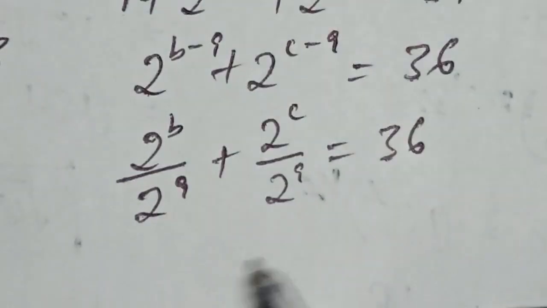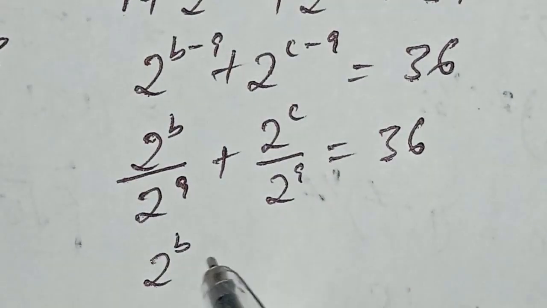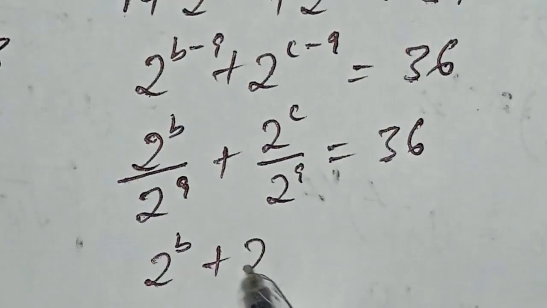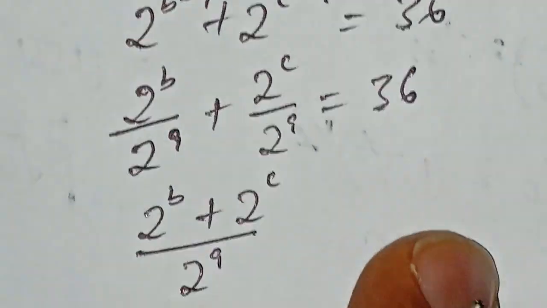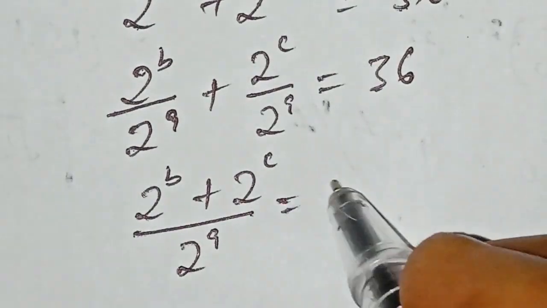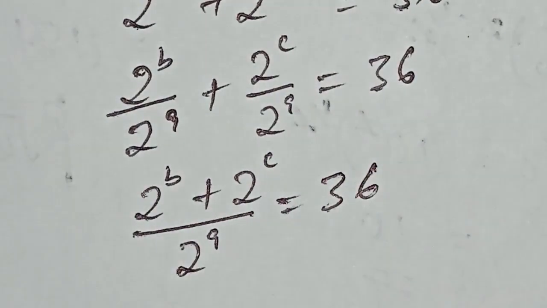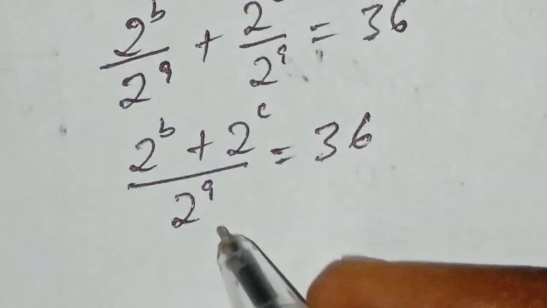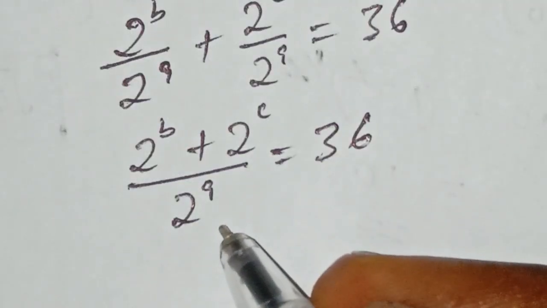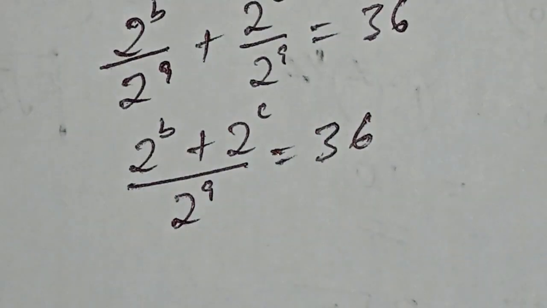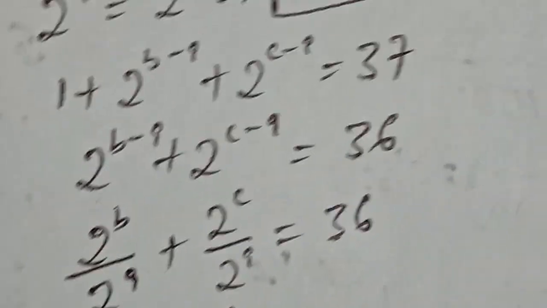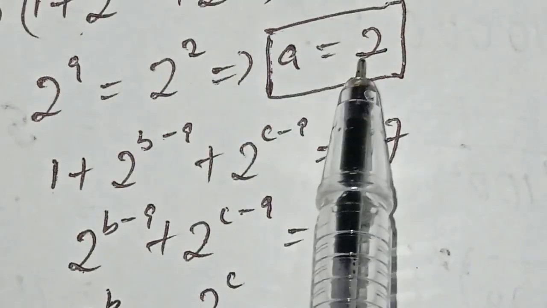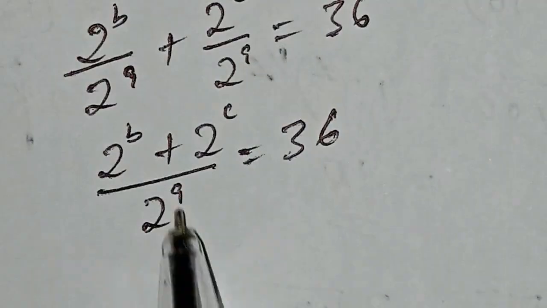Now this gives us 2 to the power of b plus 2 to the power of c over 2 to the power of a equal to 36. But our a is given as 2 from our earlier value of a. So we substitute that here.